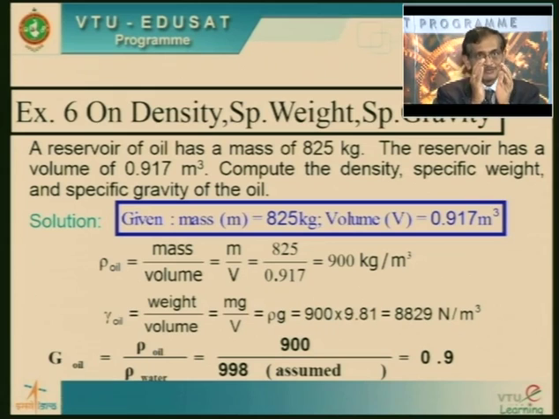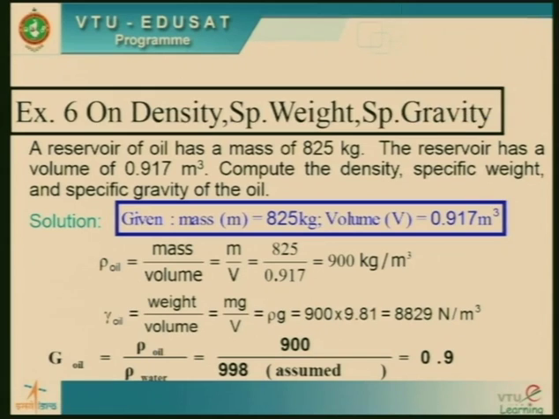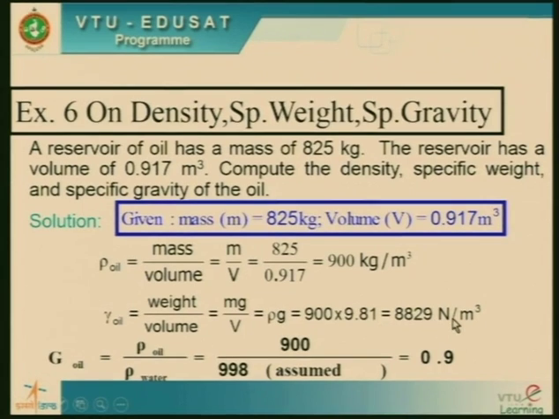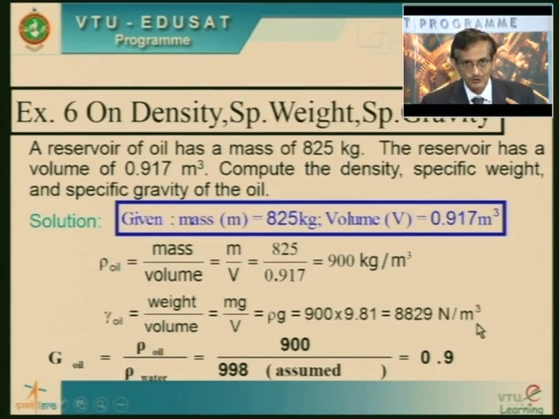So, the gamma of the oil is nothing but the density of the oil into acceleration due to gravity, which is 9.81. So, the answer is 8829, that you can verify, and the unit is Newton per meter cube, which is the weight per unit volume.